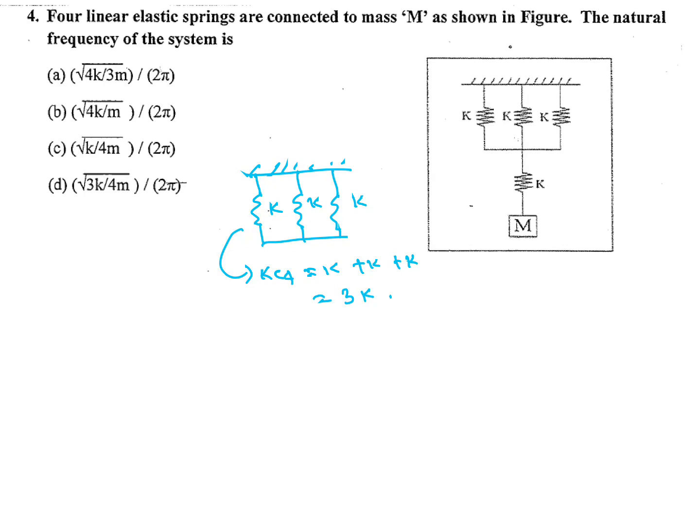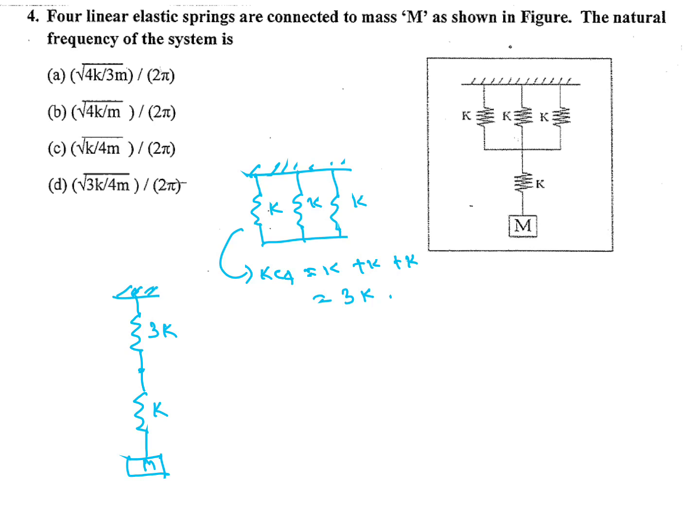Then you make it as a single spring having 3K stiffness, then one spring with K stiffness, then mass capital M.